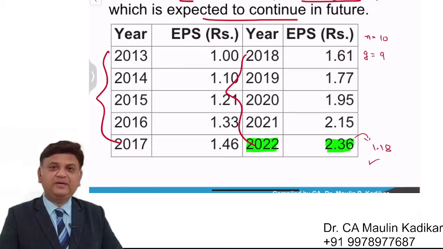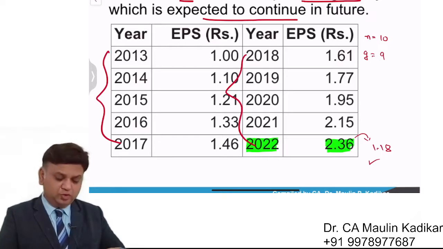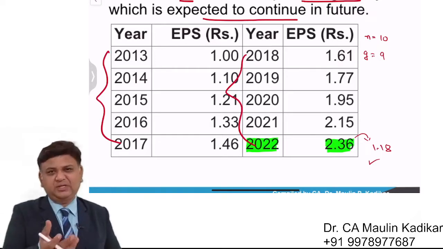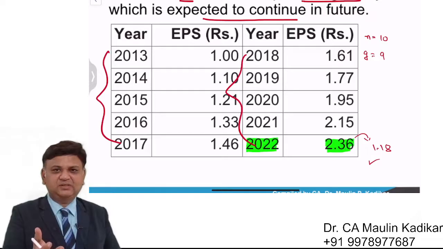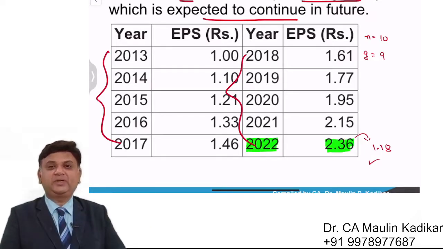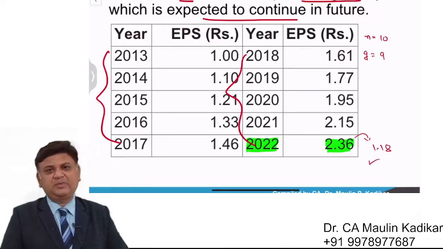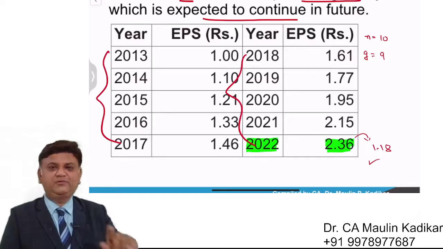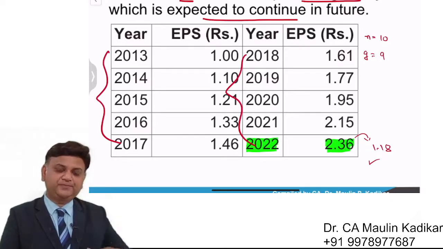We can make the calculation of the growth rate maybe for 4 years, 5 years, and we can take average of the same as the future expected growth rate. At the same time, you can make the growth rate calculation for a more number of years also. So randomly we are required to take the growth rate calculation for a certain number of years.